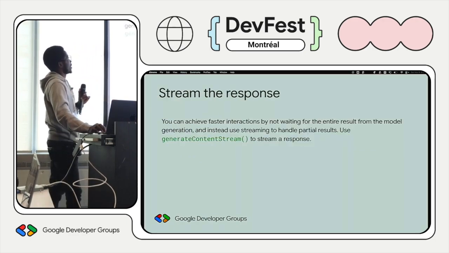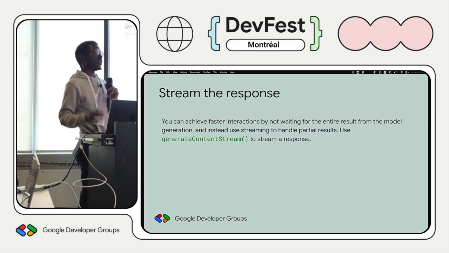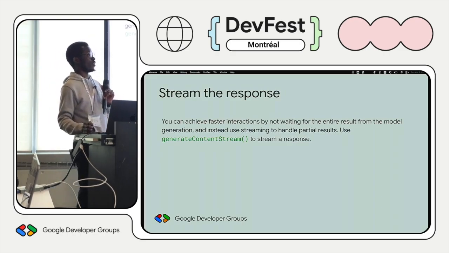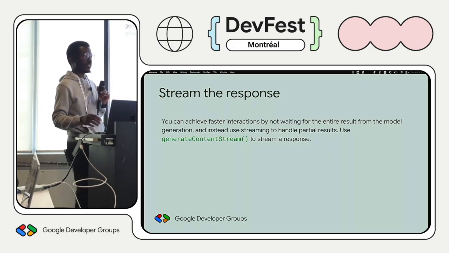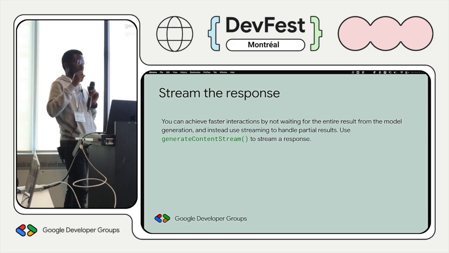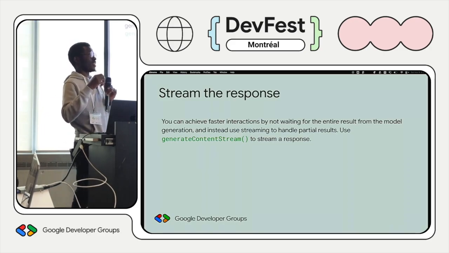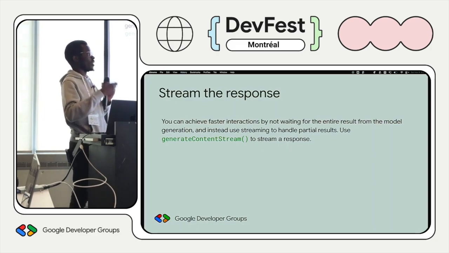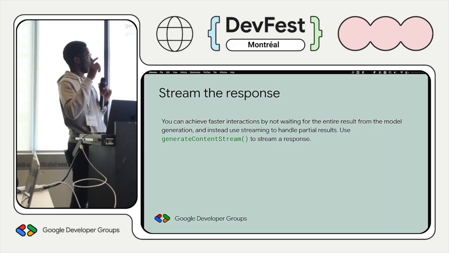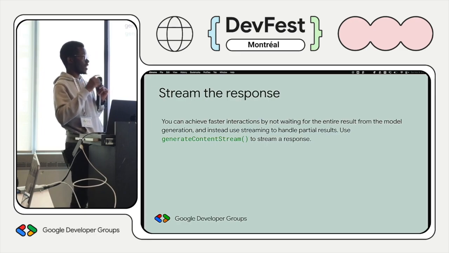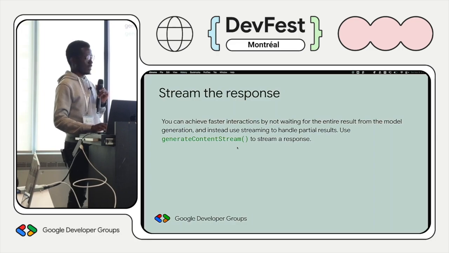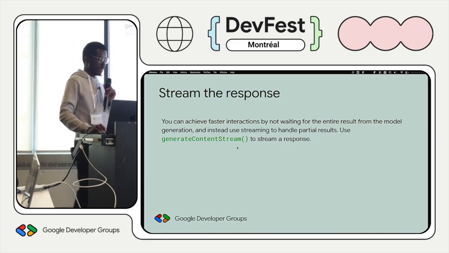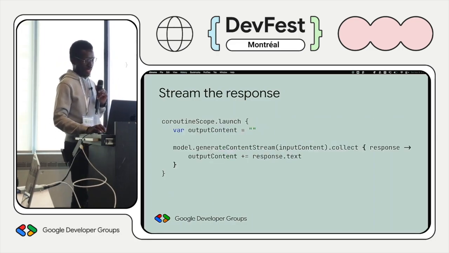One other cool feature is the fact that you can stream the response. Right now, if you are using any kind of chat-based model, you are not getting the response in one block. The response is being streamed. As soon as the model generates a response, you will be able to display it chunk by chunk until the end. You can achieve this by using the method generate content stream. And this one is kind of useful.